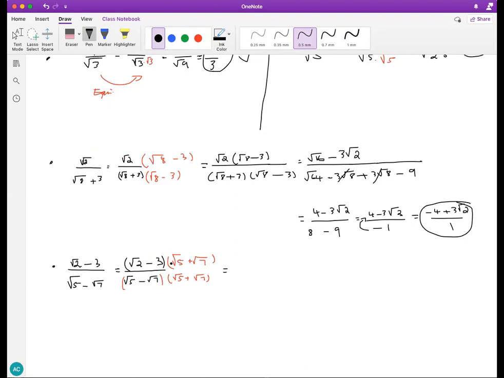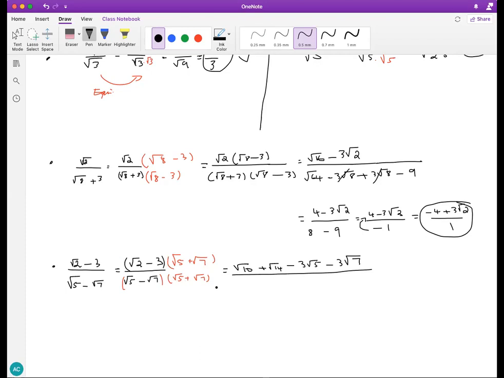We have 2 numbers here. So radical 10. Then radical 14, positive. Then negative 3, radical 5. And here we have negative 3 and radical 7. Let's distribute the bottom as well.